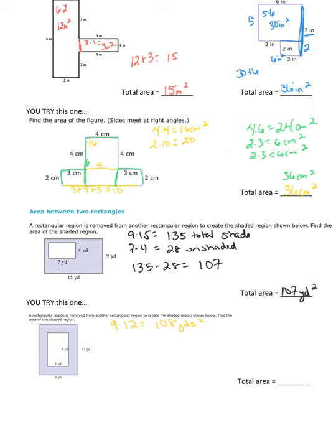And the unshaded region is 5 times 4, which is 20 yards squared. So if I'm removing the unshaded region, I have 108 minus 40 equals 68 yards squared. That is so much easier than it looked when you first saw this problem. All right, that takes care of day 2.